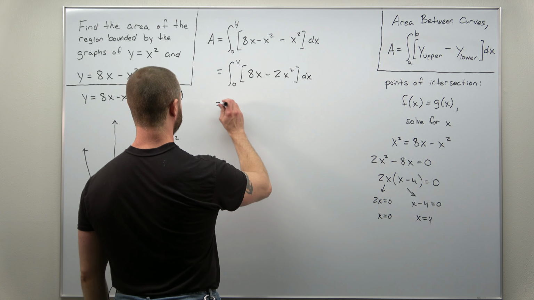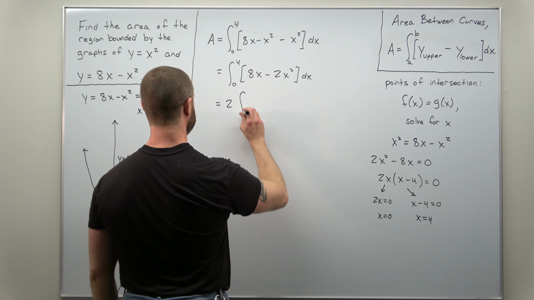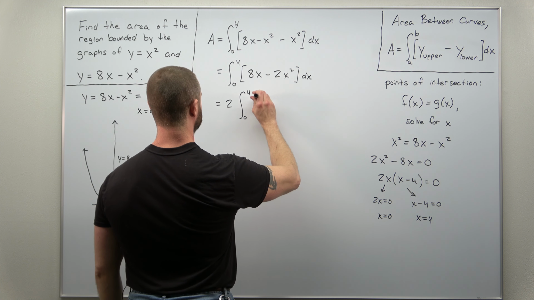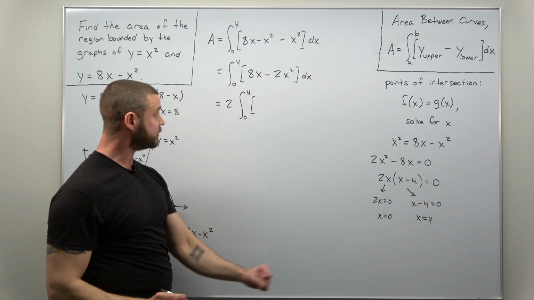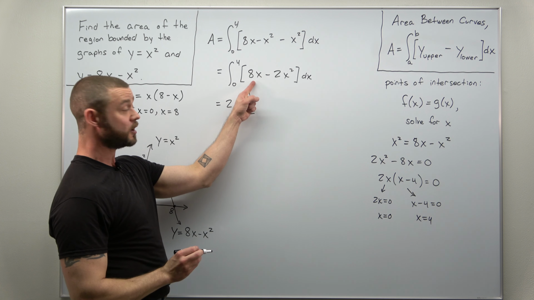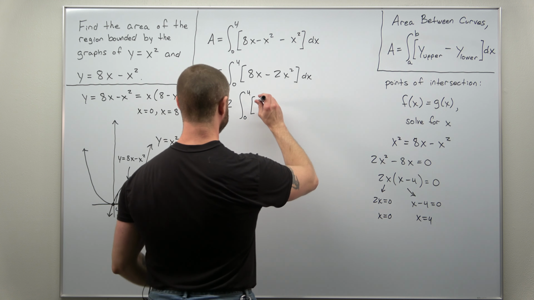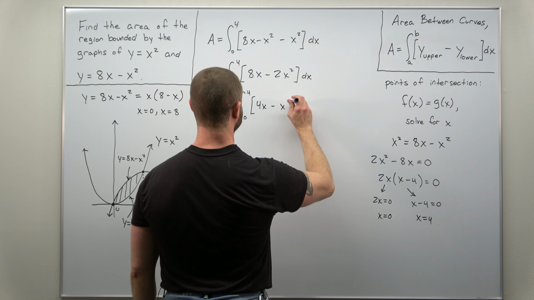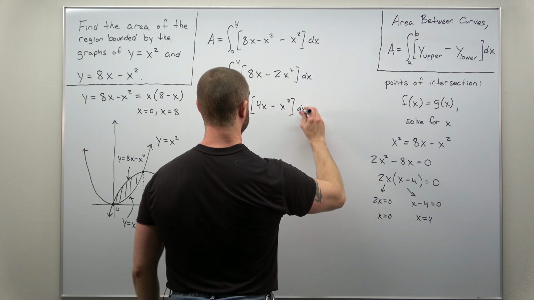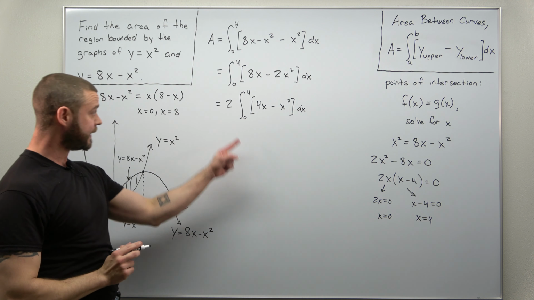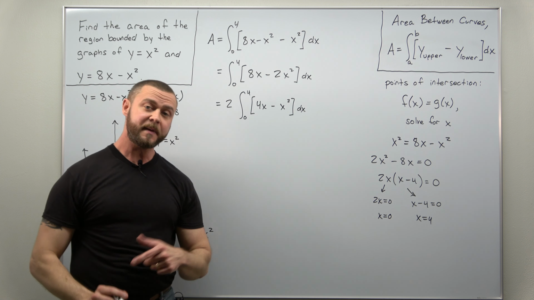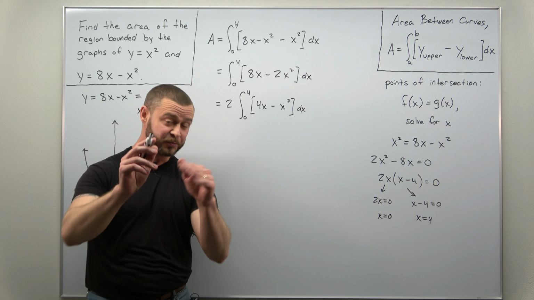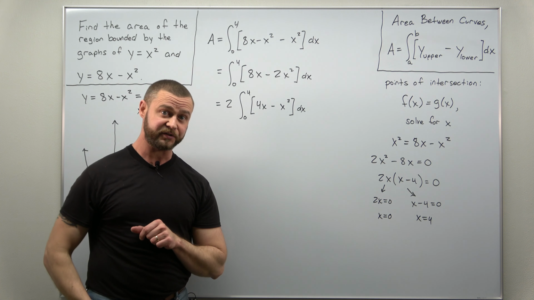This will make some of the calculations a little bit easier later. All right, so we'll write that now. We're factoring out 2 as the integral from 0 to 4 of now 4x minus x squared. And again, we factored out that common factor of 2 just to make some of the plugging in a little bit easier once we find an antiderivative.